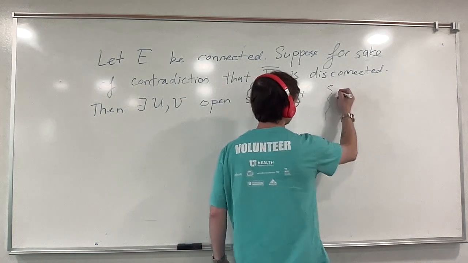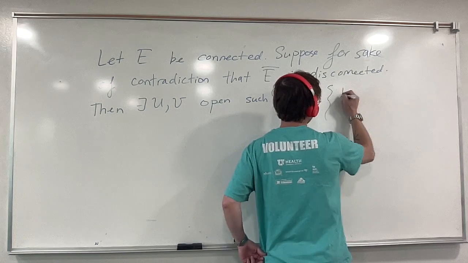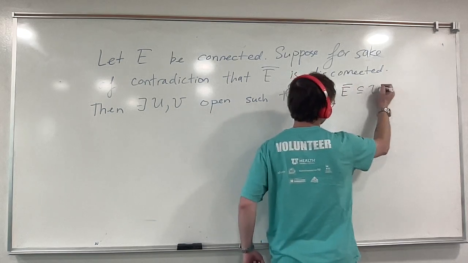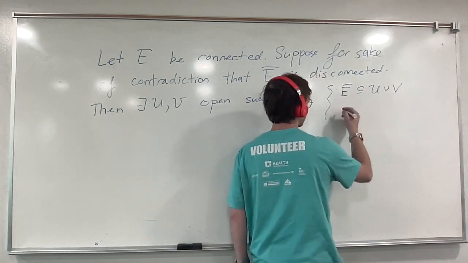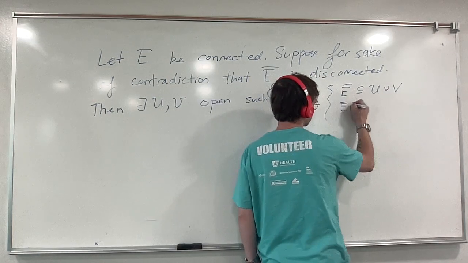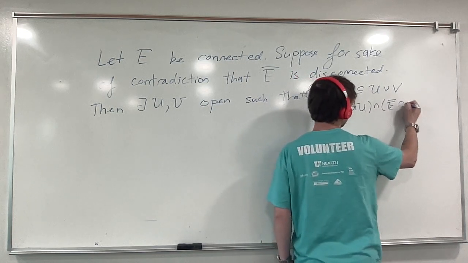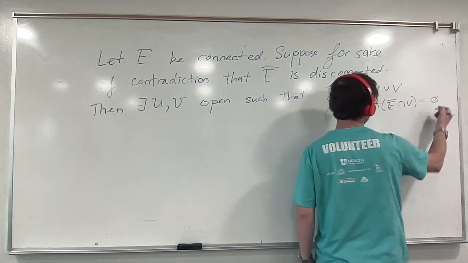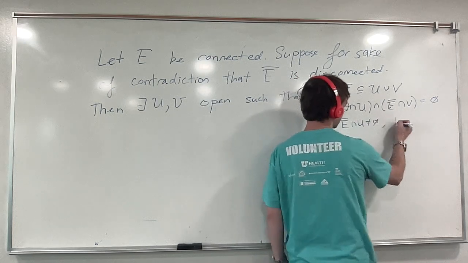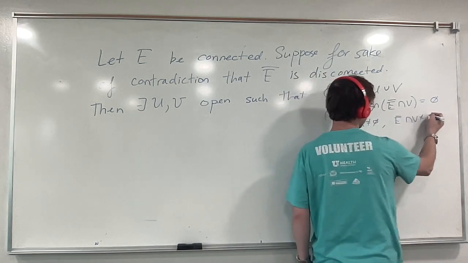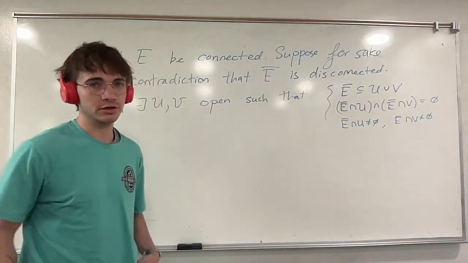So again, E closure is a subset of U union V, my bad. E closure intersect U, intersect with E closure intersect V is empty, E closure intersect U is non-empty, and E closure intersect V is non-empty. Okay, so U and V are going to separate E closure.